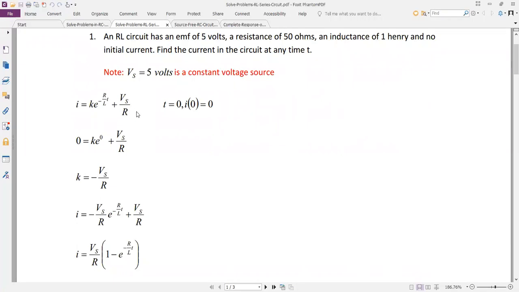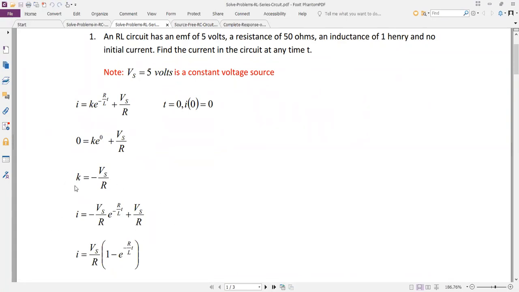Now, at time equal to 0, the problem says that the current in the circuit is 0. So you substitute 0 here. The time here is 0, so you will have a K and you have Vs over R. It follows then that for your RL circuit with no current initially passing through your circuit element, this is your current at any particular time.